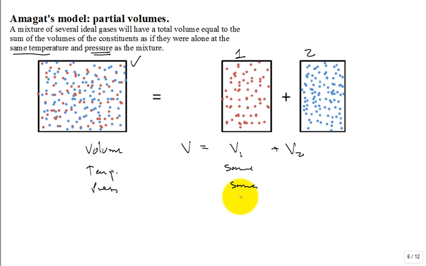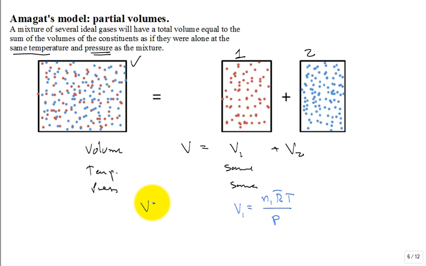So when you say, what about this volume of 1? Could I calculate it using the ideal gas equation? What would that ideal gas equation give me? Would it be that this is the amount of 1 times R bar T divided by P? Could I do the same thing for the total gas mixture?